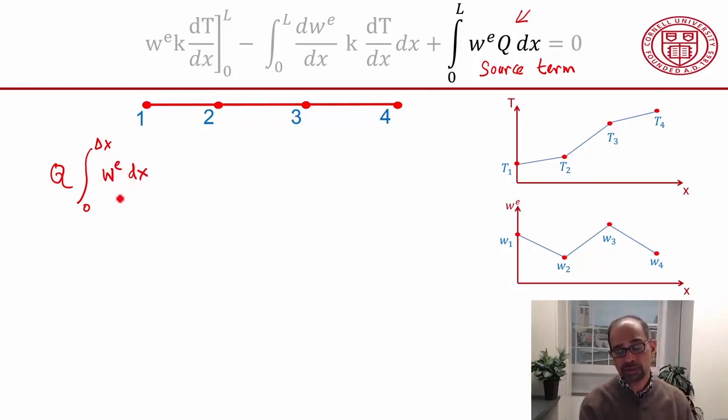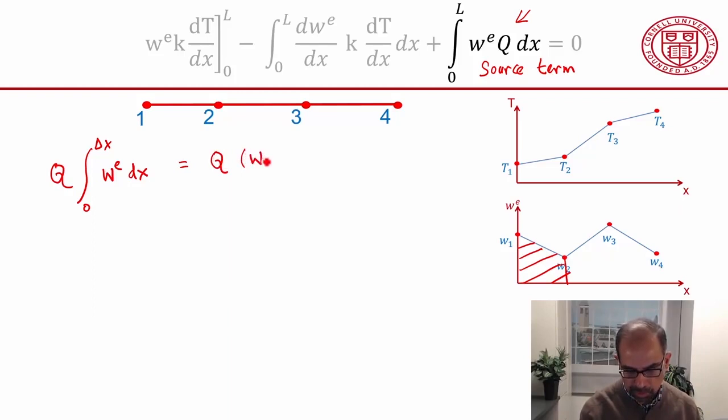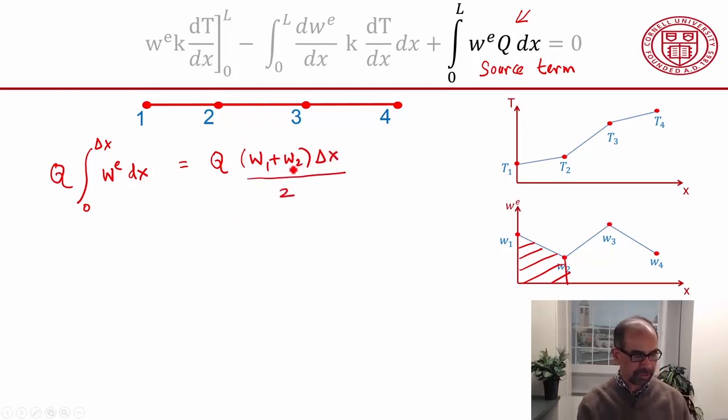So it just becomes an integral of the weighting function, and this integral will give me this area. You can work out what that area is, and you'll get w1 plus w2 times delta x divided by 2. That's the area.